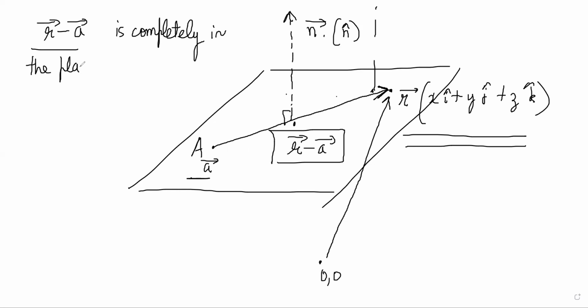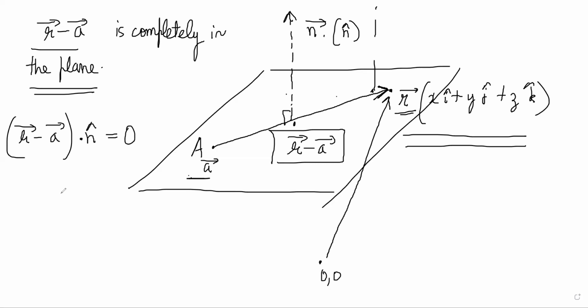Yes. Because we have taken a point on the plane and another arbitrary point on the plane. So it's definitely going to be in the plane. So it must be perpendicular to the normal. So r minus a dot product with normal unit vector should be 0, right? Yes, sir.